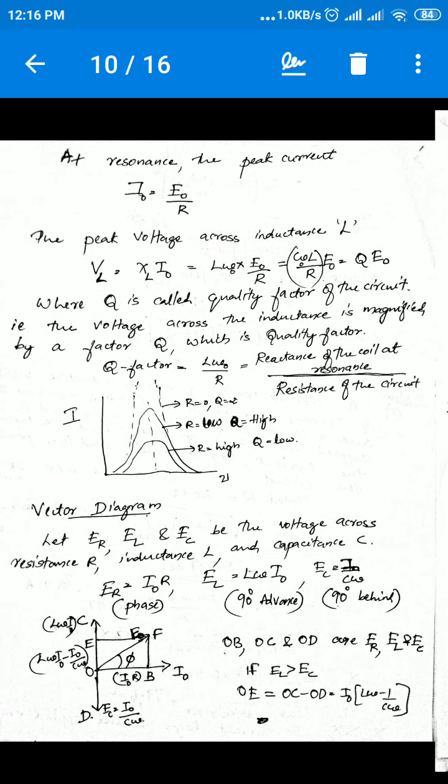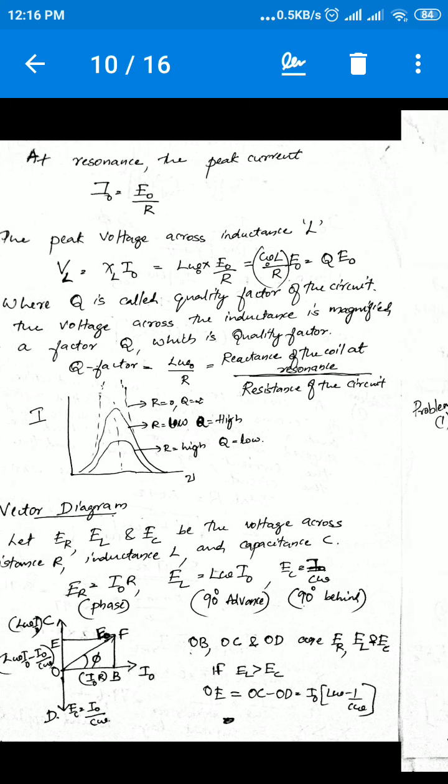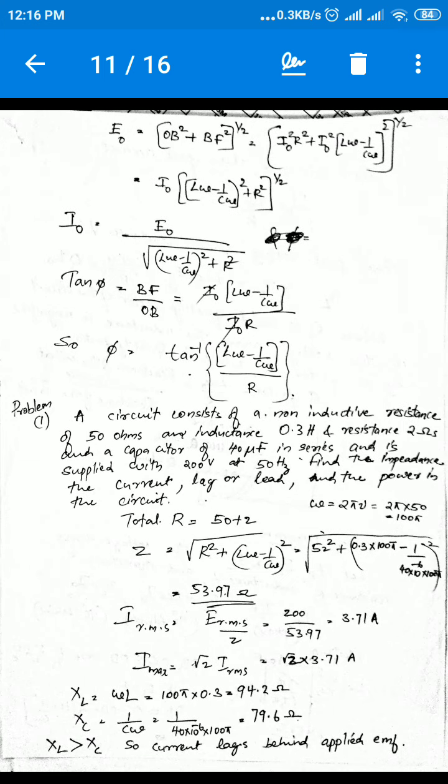BF is I0 into L omega minus 1 by C omega, divided by I0 into R. I0 gets cancelled, so it will be L omega minus 1 by C omega by R. So phi will be tan inverse of L omega minus 1 by C omega by R. This is the value which we got earlier when we derived it.